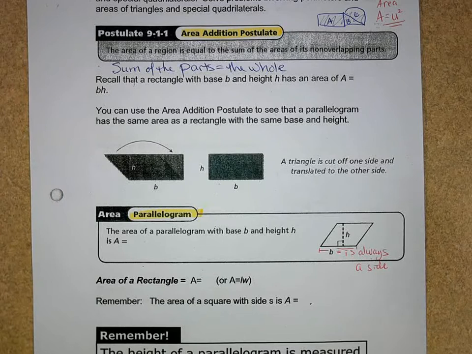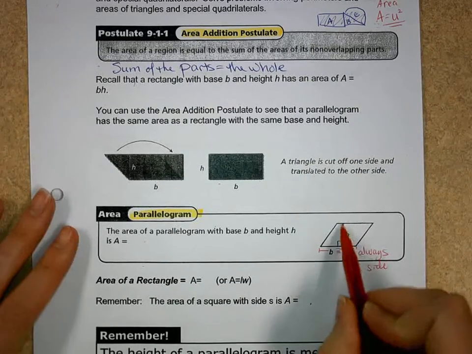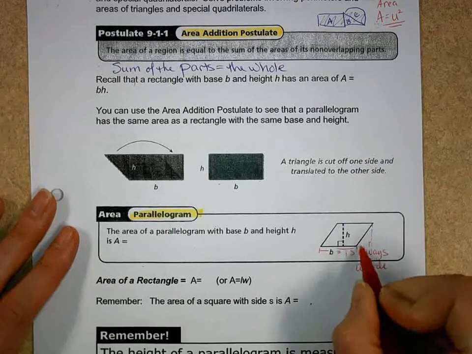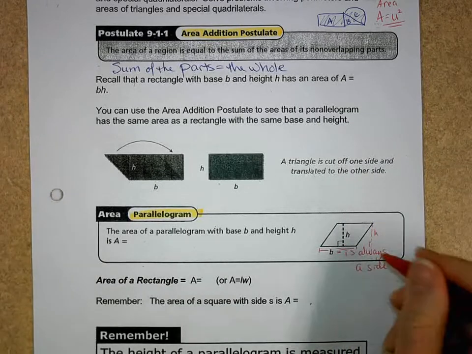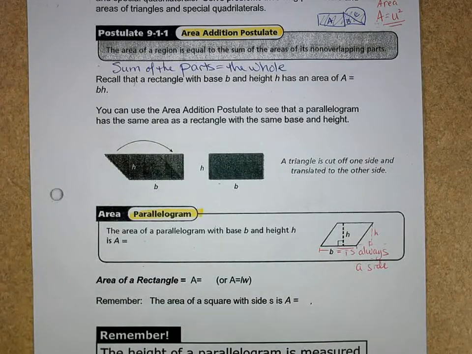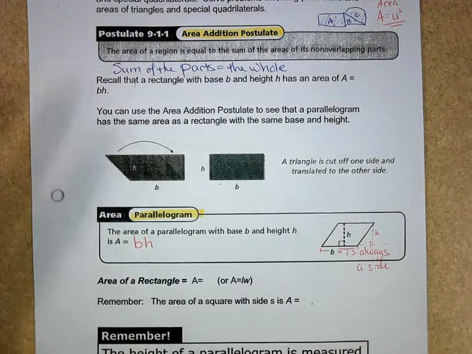And the height is the segment perpendicular to both sides, or perpendicular to the lines containing both sides. So the height could very easily be right here. I could also draw the height on the outside, but notice where it stops. It's the same thing. So height could be inside, outside. It could be on the length of a side, like with a rectangle. But the formula for the area of a parallelogram is always going to be base times height.